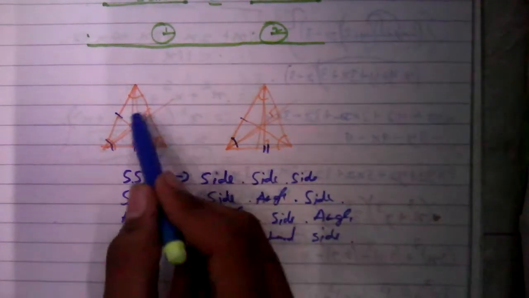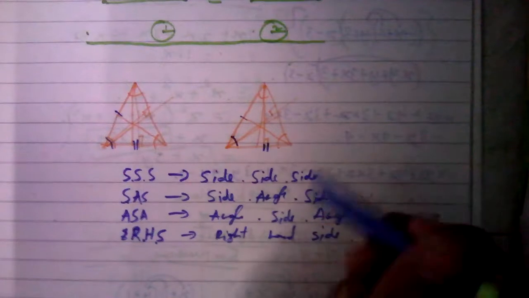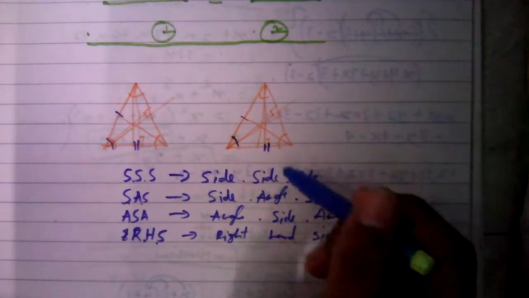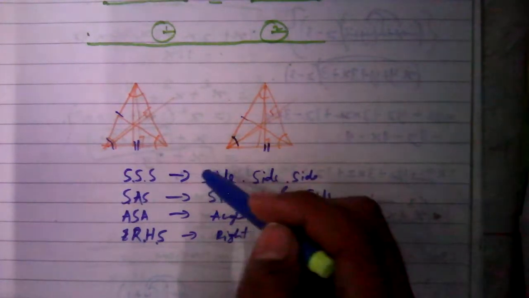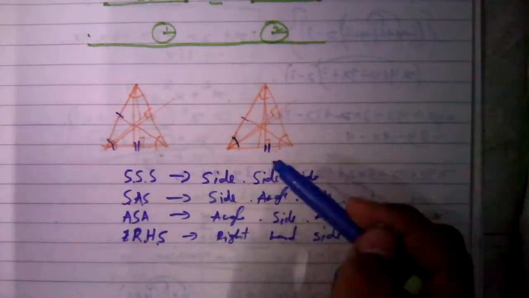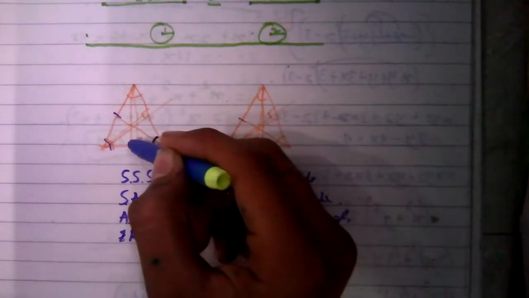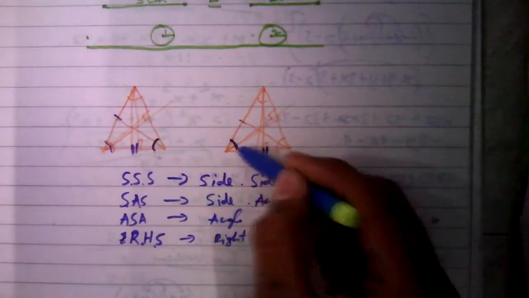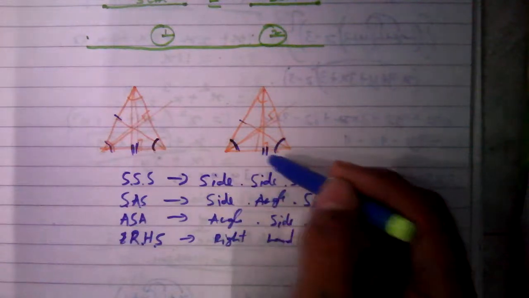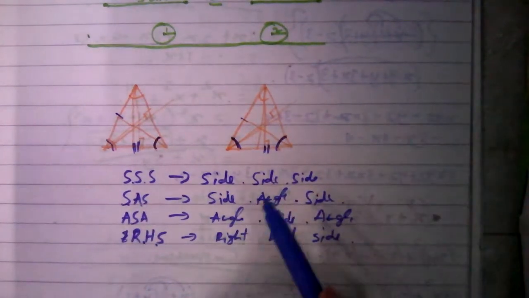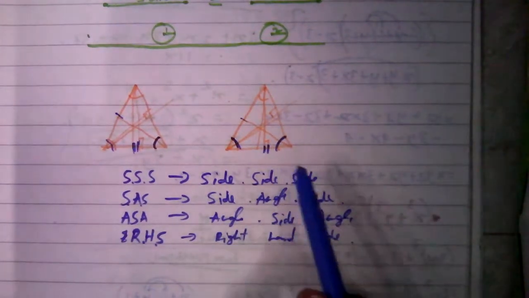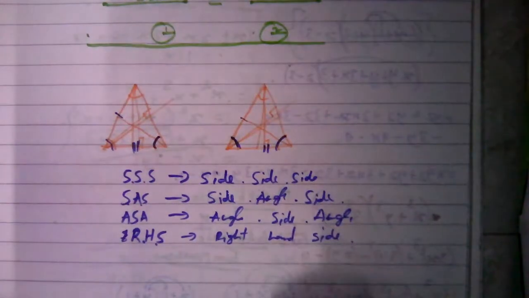So when a side, an angle and a side are equal, then it is said to be congruent by SAS congruency criteria. And then ASA means an angle, a side and an angle. When they are equal, the two triangles are said to be congruent by ASA criteria.